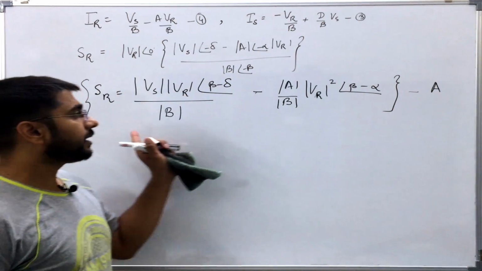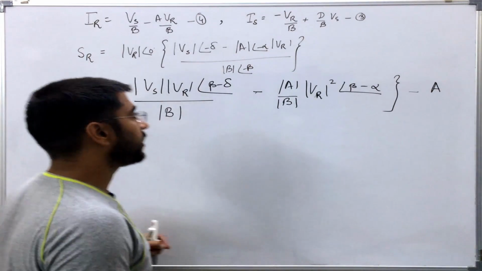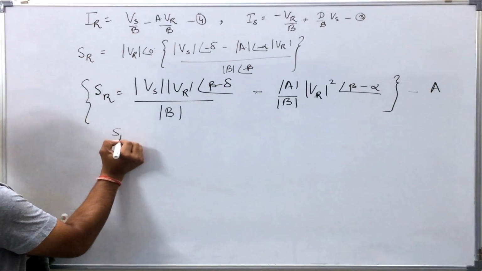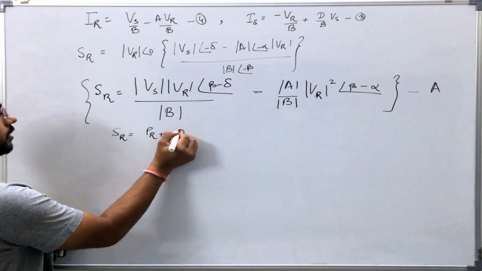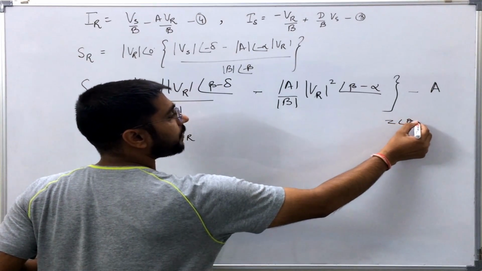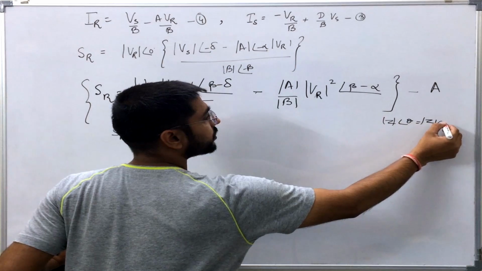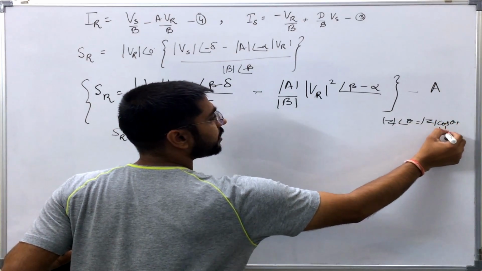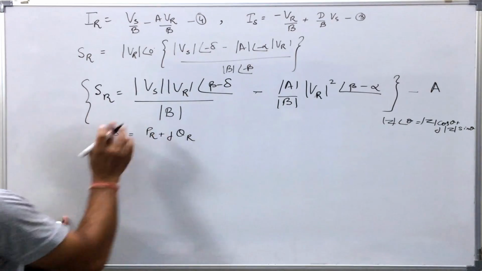Now I will further simplify it into the real part and the imaginary part, writing SR as PR plus j QR. I already know that any complex number Z angle theta can be written as Z cos theta plus j Z sin theta. So I will use this identity here.